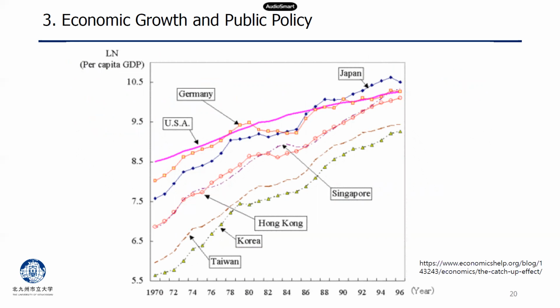This is an example of the graph that shows the catch-up of East Asian countries. You can see the traditional, I wouldn't say that, but historical rich countries, USA and Germany, over there. USA and Germany were at the top in 1970, right?